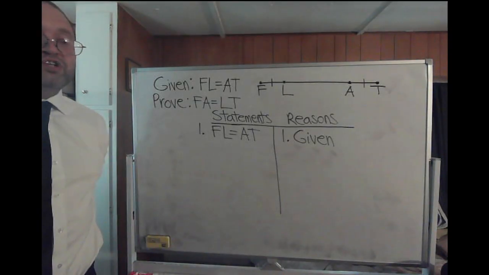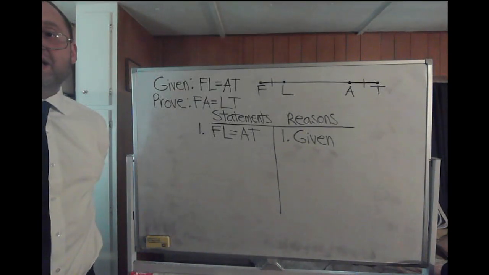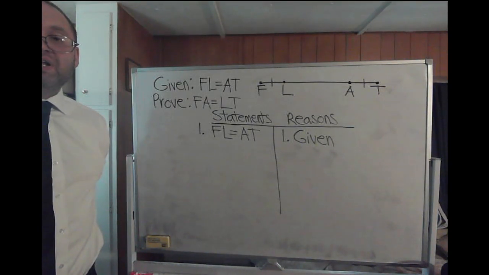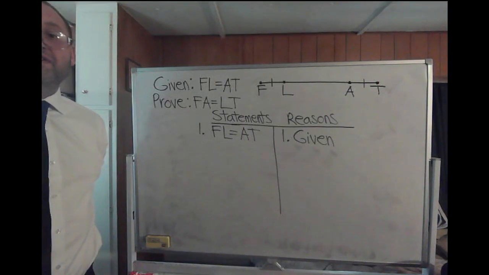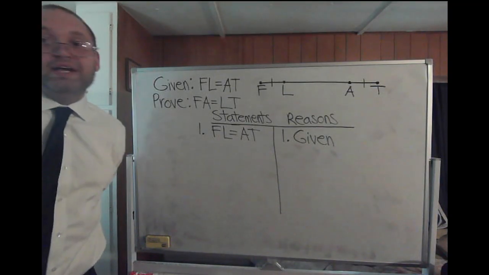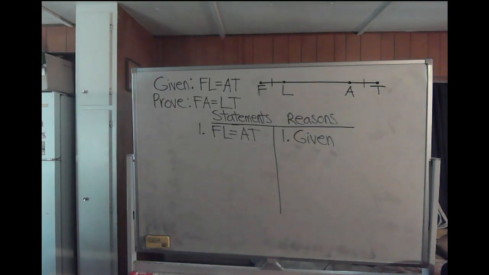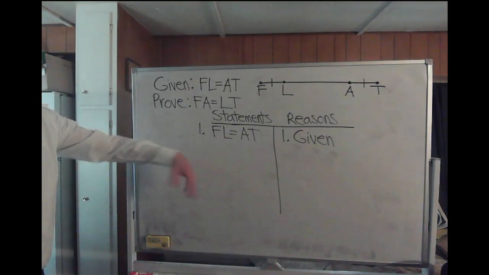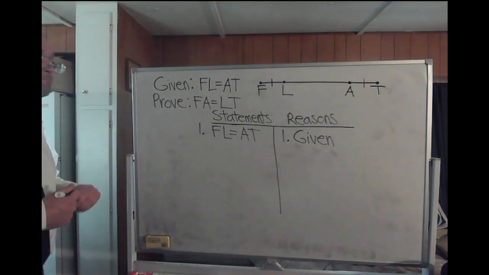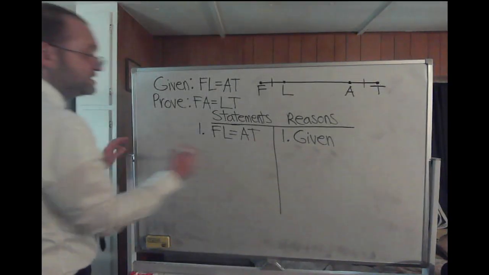Most proofs really shouldn't be more than 5 to 7 steps. If you're getting into 10 and 15 steps for a proof, you're doing way too much. You added way too much information somewhere. Or you went in circles. So a proof should flow from one step to another.